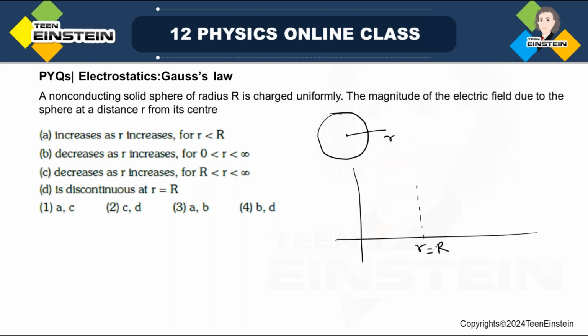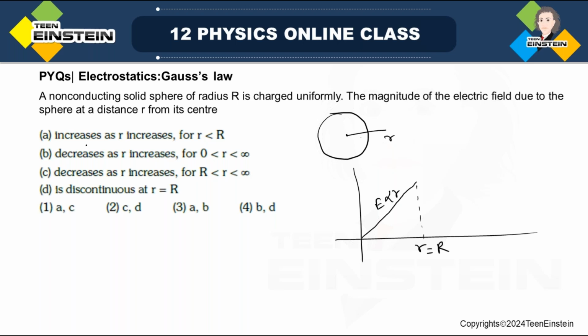As I said, if I draw the same figure again, see, small r is equal to capital R, that is the radius of the sphere. So up to the surface, it increases directly with the distance. It is directly proportional to the distance from the center of the sphere, like this.